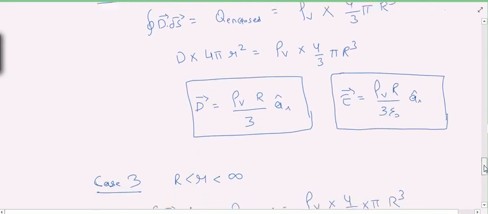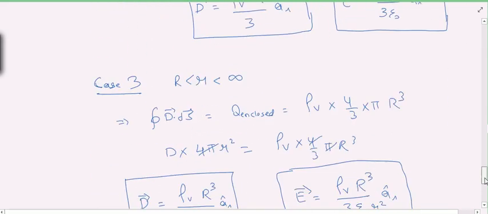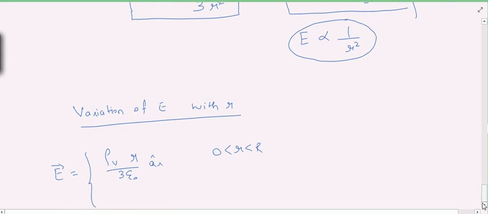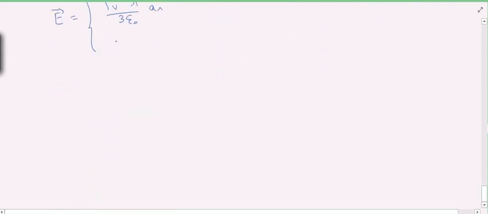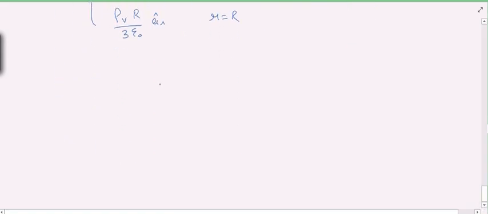Now for case 2, when small r becomes capital R, it is rho v into capital R by 3 epsilon naught. So I can write this value as rho v into R by 3 epsilon naught. Same it will be for small r equals to capital R.